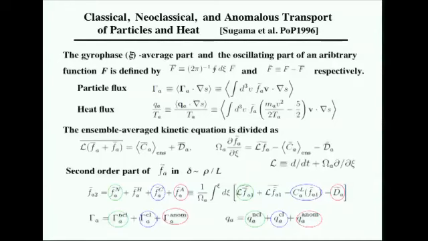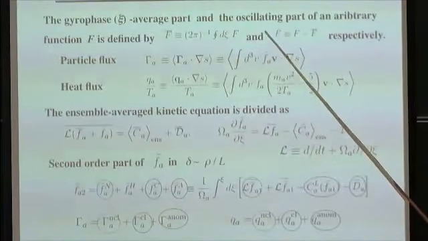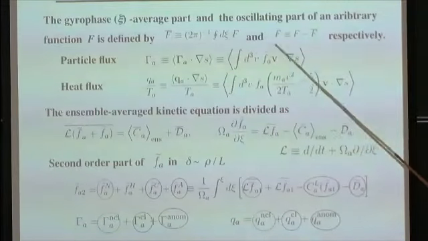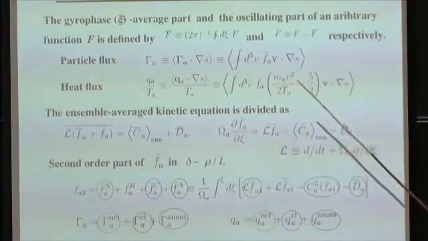Then particle flux and heat flux are defined by this definition. And here, this radial transport flux is only dependent on the oscillatory part of the distribution function.